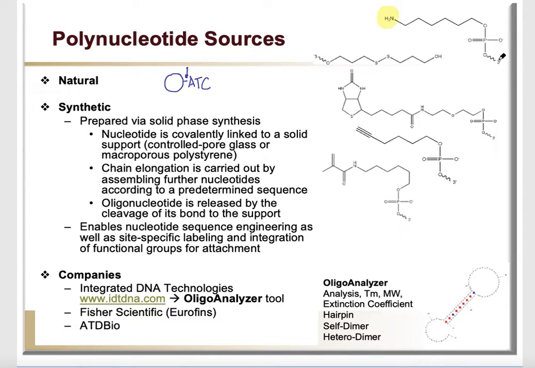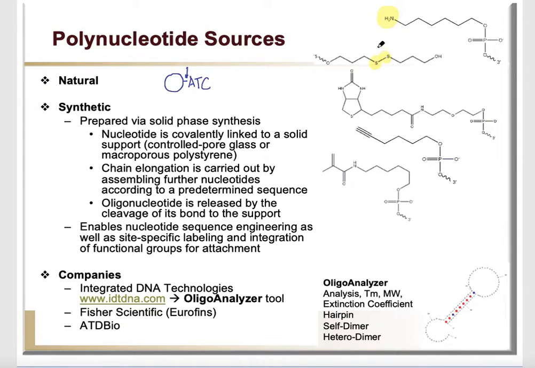On the 3', for example, where the phosphate group is, they're going to be attaching this 6 carbon chain that has an amine group. This particular one can be attached at the 3', 5', or they also have internal primary amines. Similarly, we can attach this molecule, where the important part is these sulfur bonds.